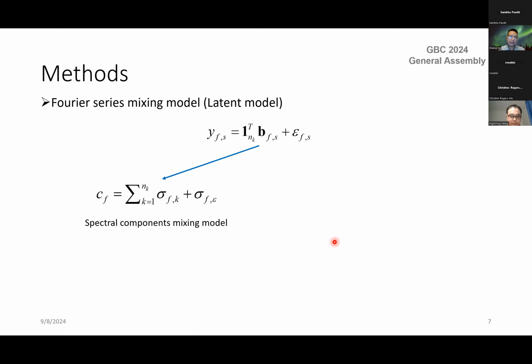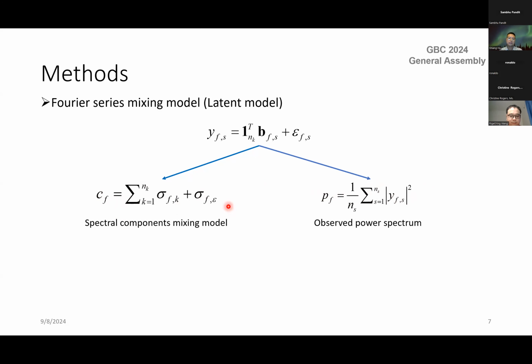Then we assume the Fourier series mixing model, which is unobserved in the latent space, and all the components can be... actually the spectra is the second order variance of the Fourier series. So we apply the variance components model, and we can obtain this formula. And the observed spectra is obtained by a periodogram or the multi-taper or other spectral estimation methods.